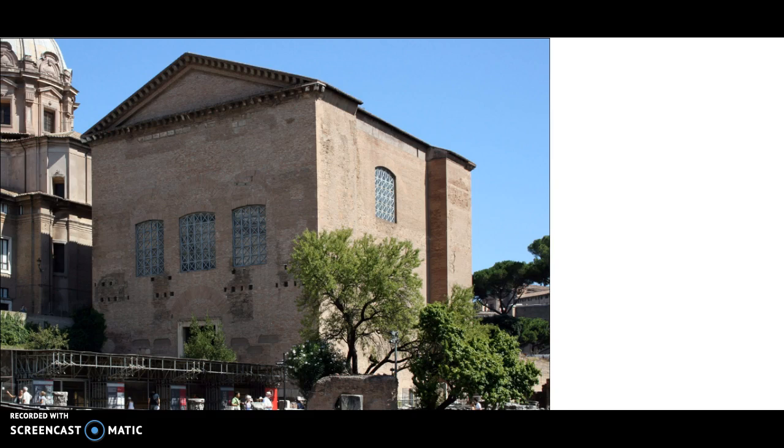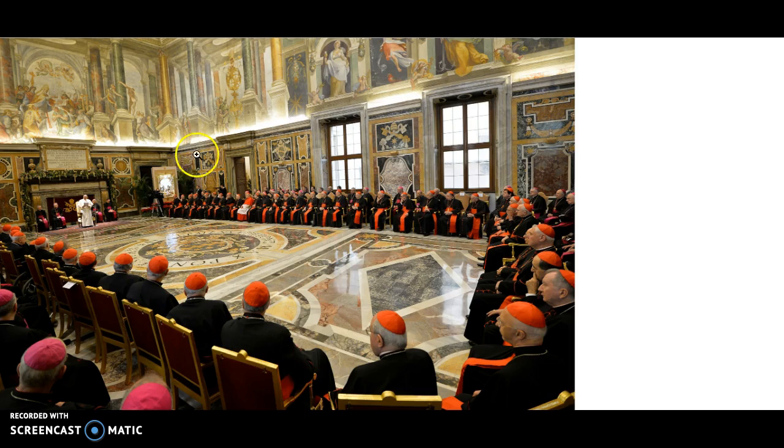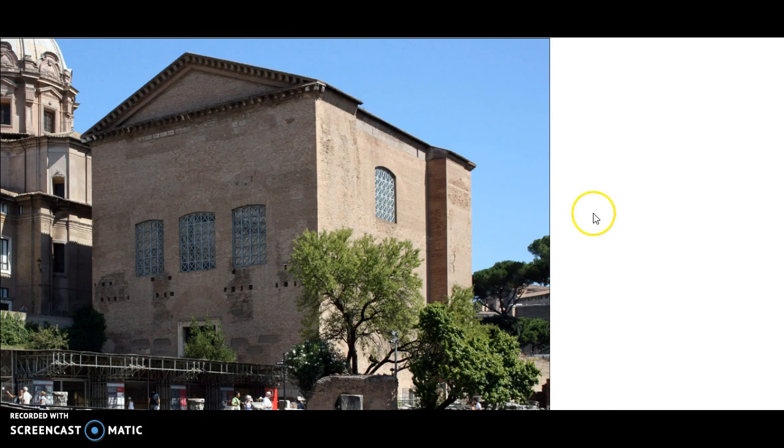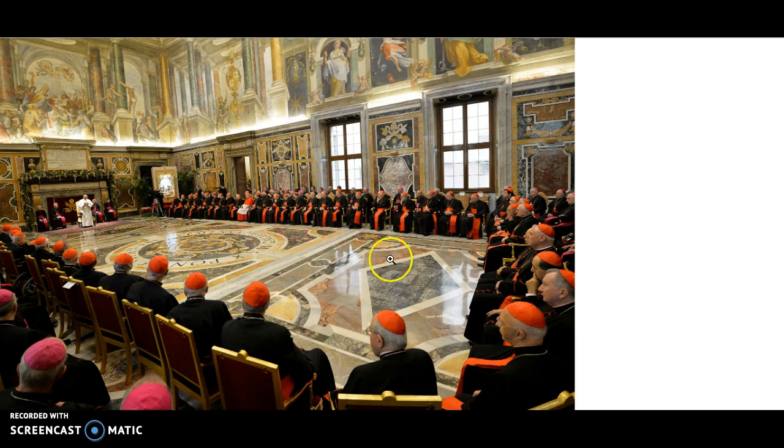It was the building where the Senate used to gather to celebrate different sessions, to discuss any problem, to solve some aspects of the politics of the Roman people. Well, for you to know, this is the Curia, the place where the Roman Senate used to gather.